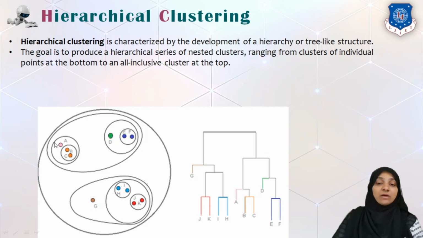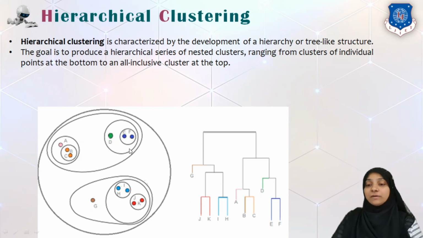If I increase the size of my cluster slightly, then A, B and C would come under one cluster. Likewise, E and F belong to one cluster, but if the size of the cluster is increased slightly, then D, E, F might belong to the same cluster. And the same is the case with H, I, J, K and G.